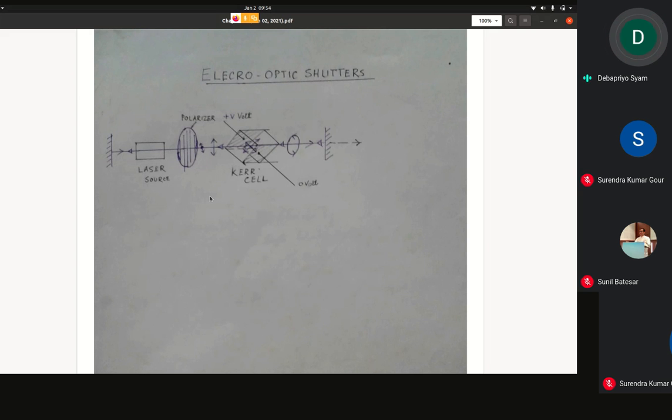And when a phase difference of pi by 2 is produced, the radiation that comes out of the end phase is circularly polarized, because the two components Ex and Ey were originally equal in magnitude. So the output from the nitrobenzene cell is circularly polarized because a phase difference of pi by 2 has been produced.